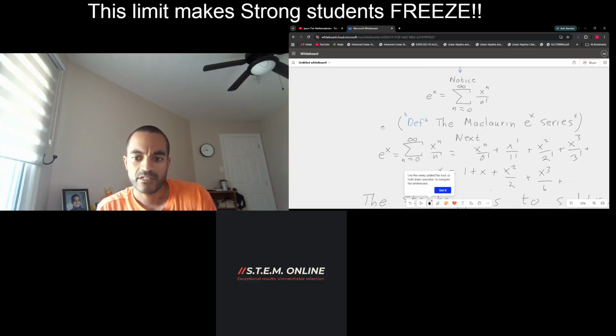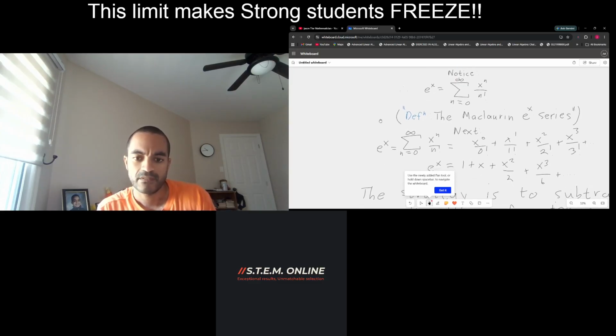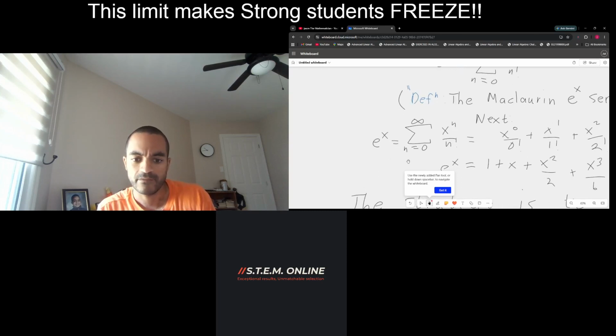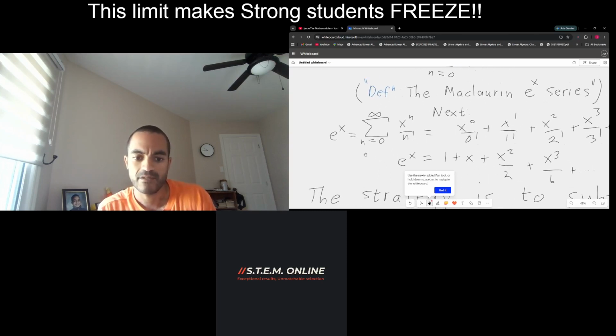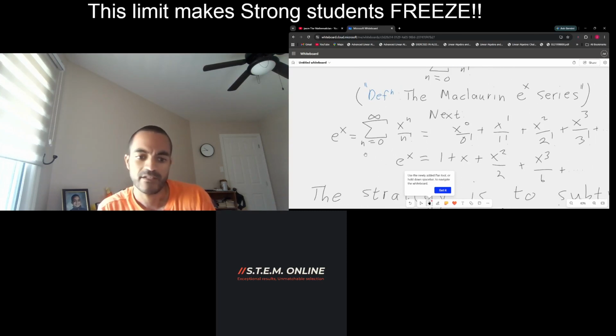So we have this Maclaurin expansion. As you can see with my summation, starting at n equals 0 to infinity, I plug in n equals 0 and continue all the way up to infinity. At n equals 0, we get 1.